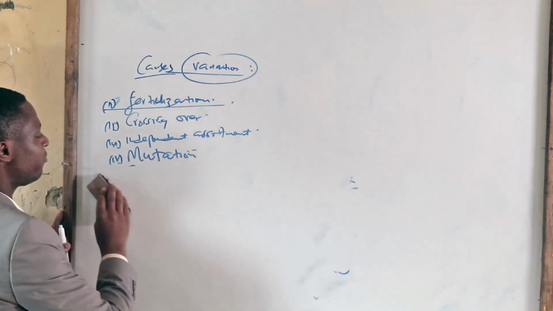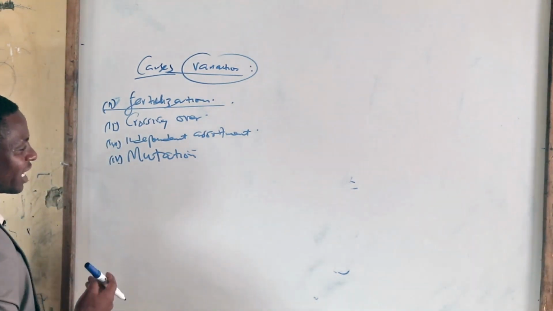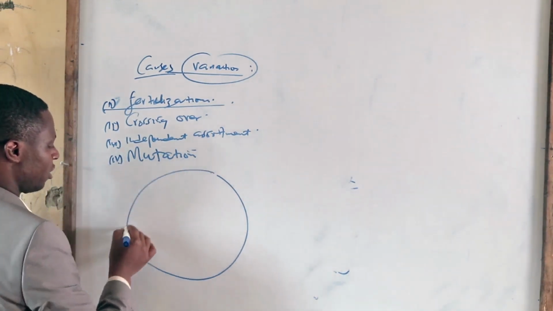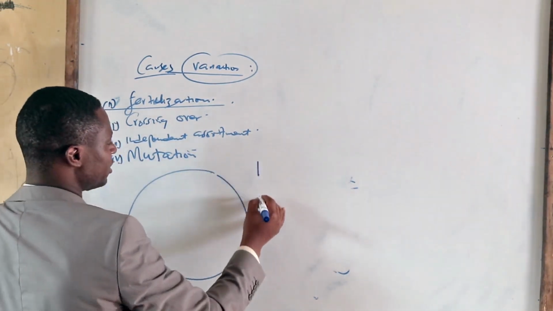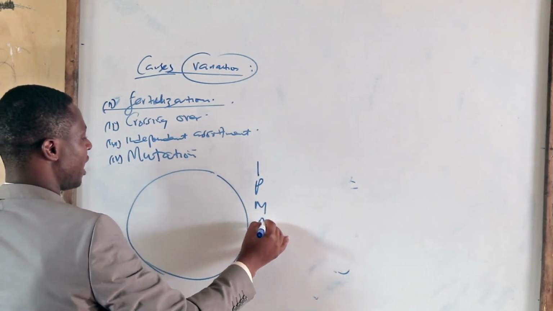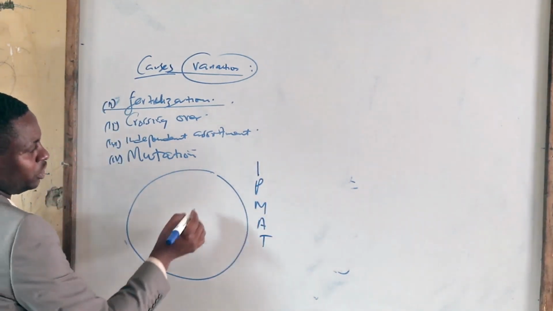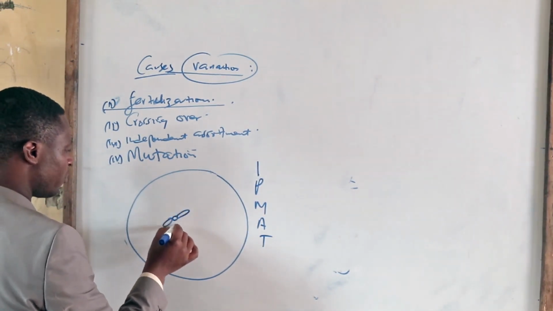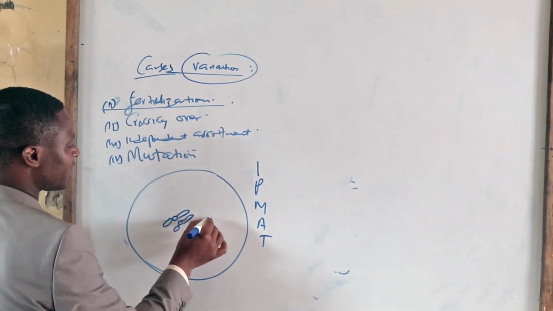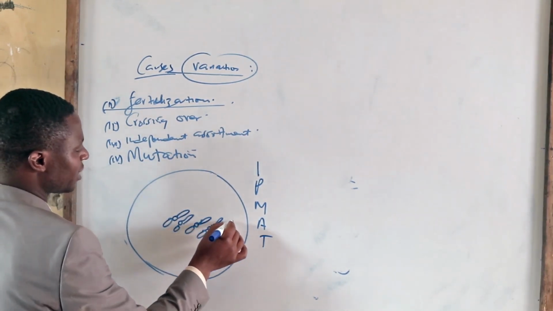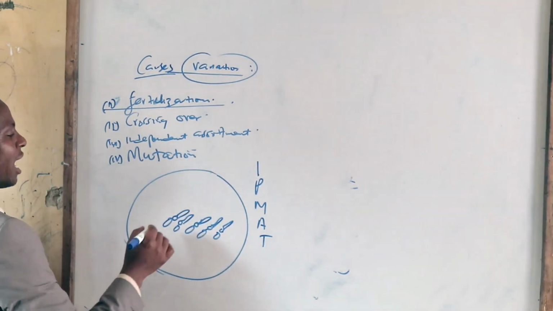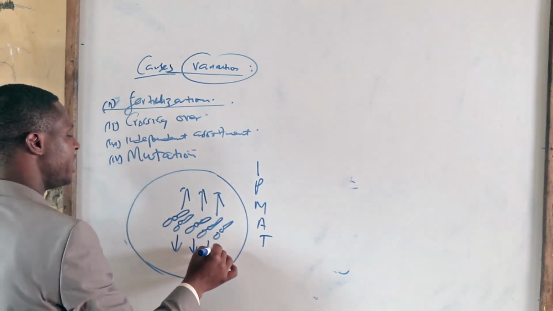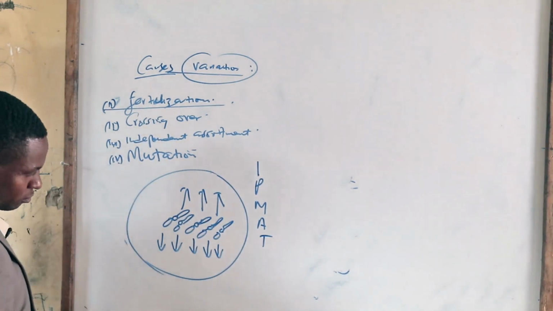We also have independent assortment. Again, during cell division, we have the stages of cell division, that is interphase, prophase, metaphase, anaphase, and telophase. During cell division, as the chromatids and the chromosomes align themselves at the equator and move to opposite poles of the cell, they do it independently.